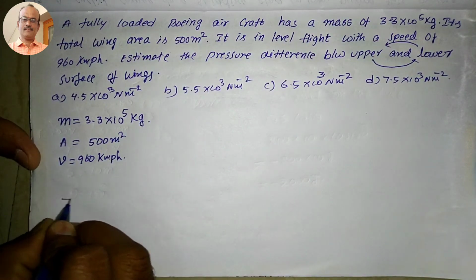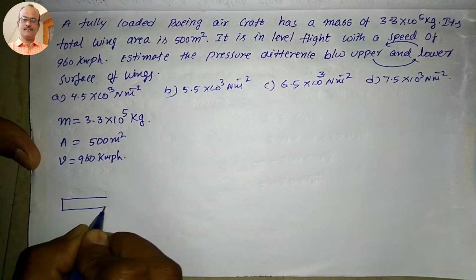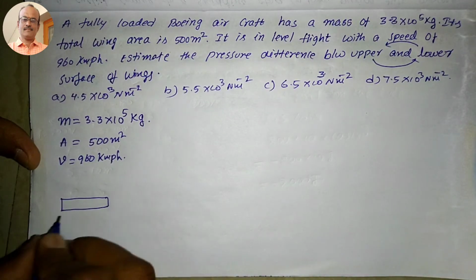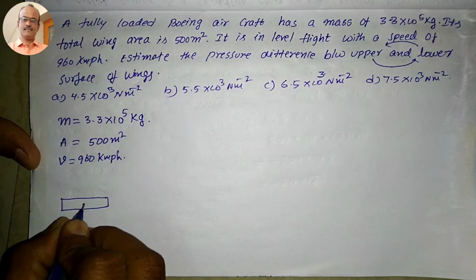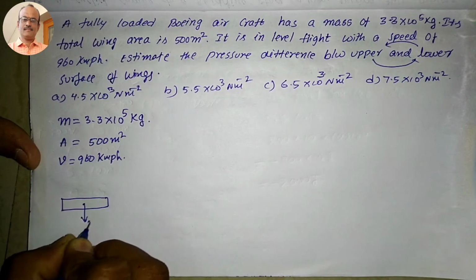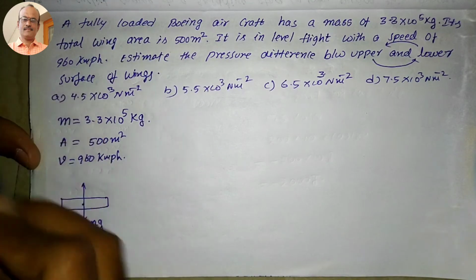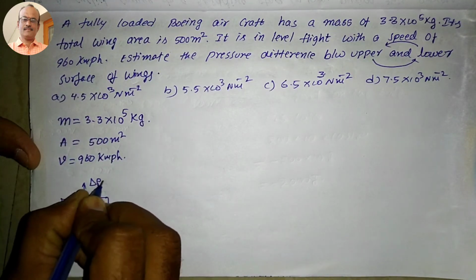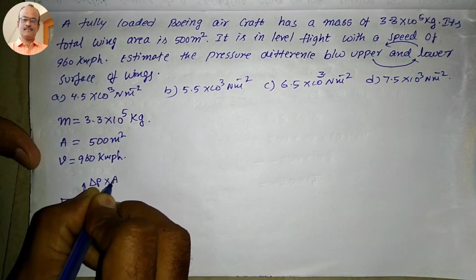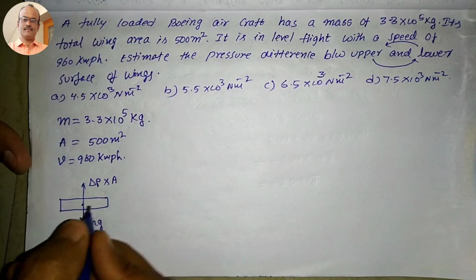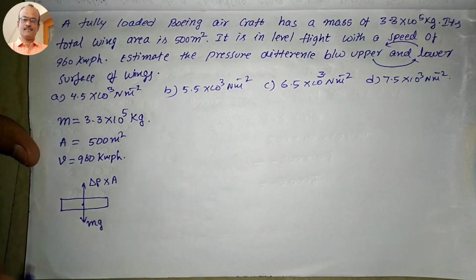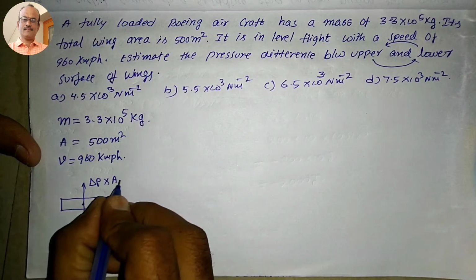So let us consider this is the wing. I am drawing the free body diagram. The weight is acting in the downward direction, and the normal force acting is the pressure difference into area. So when we are equating, the upward force is F up.